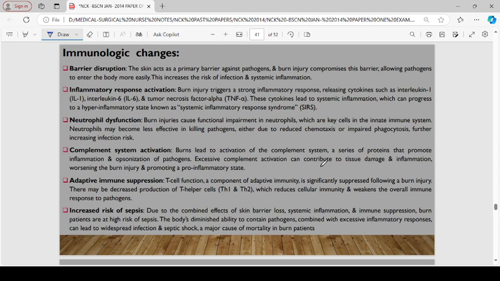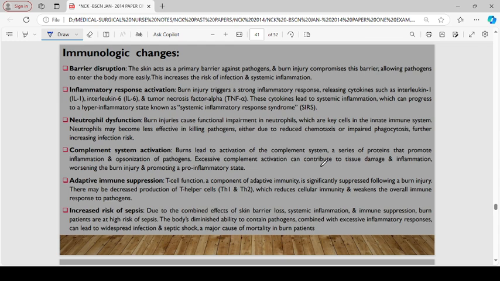Burns can also lead to activation of the complement system, which is just a series of proteins that promote inflammation and marking of pathogens for destruction. So excessive complement activation may contribute to tissue damage and inflammation, worsening burn injury and promoting pro-inflammatory states.